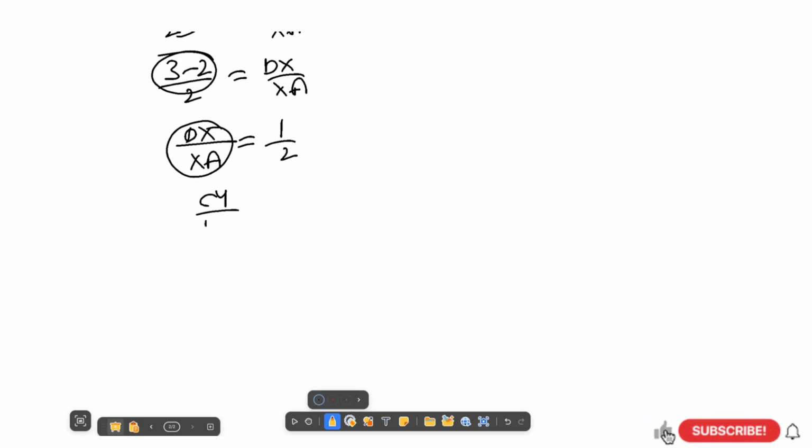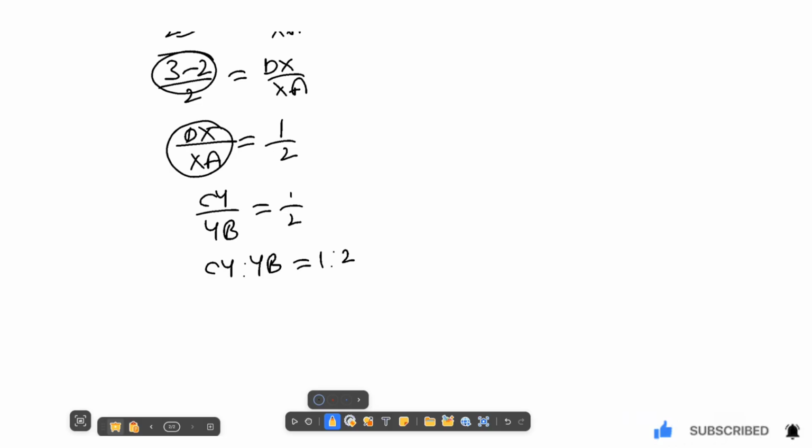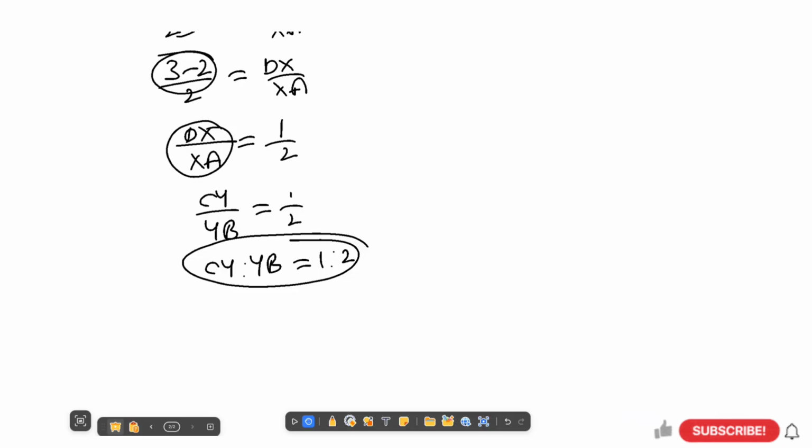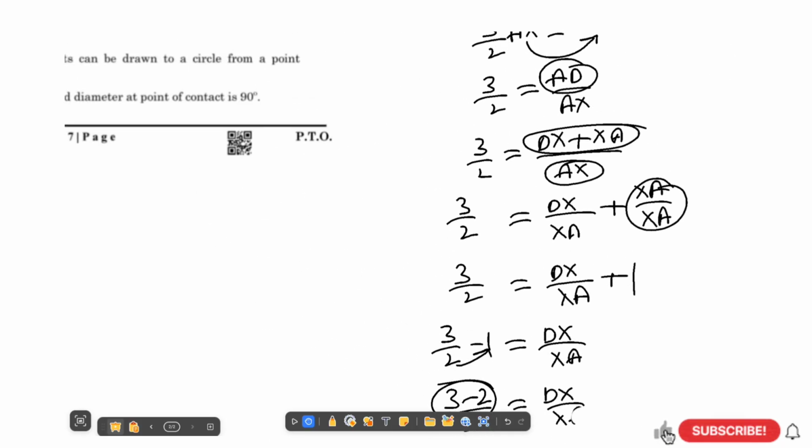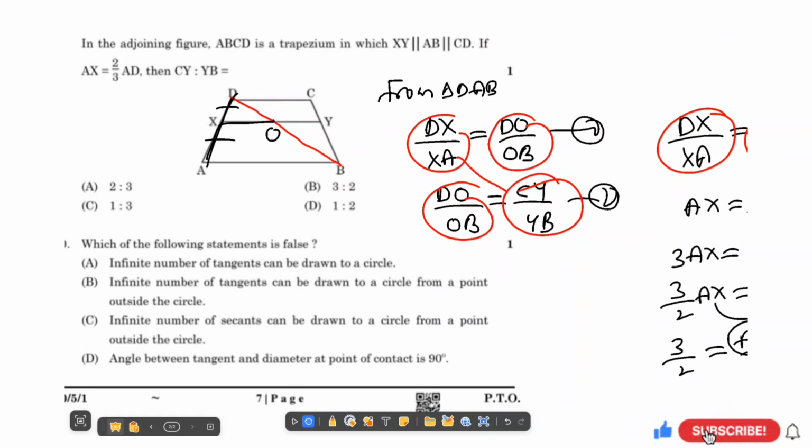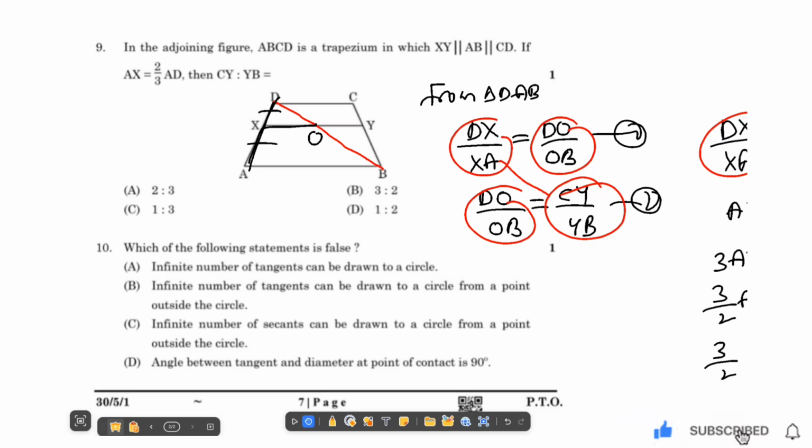Cy by yb is equal to 1 by 2. So cy is to yb is equal to 1 is to 2. So this is the right answer. Let's check which option has this one. Ninth question, 1 is to 2. So option D has this one. 1 is to 2 is the right answer.